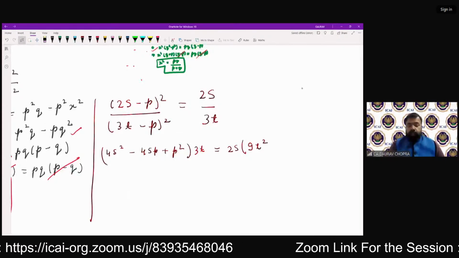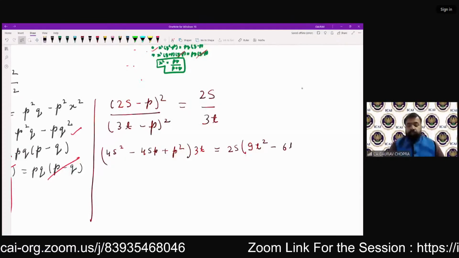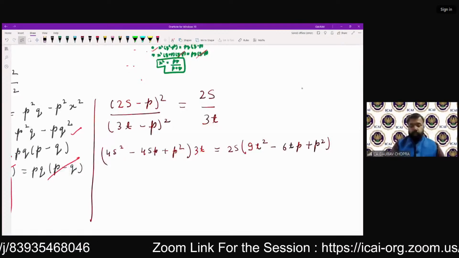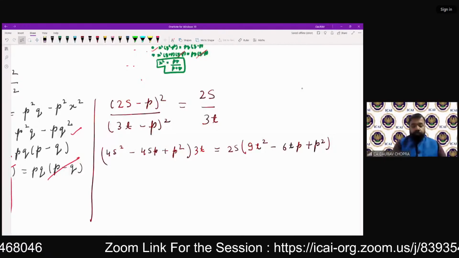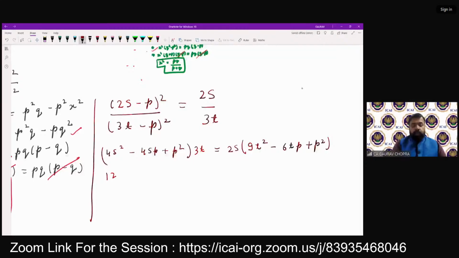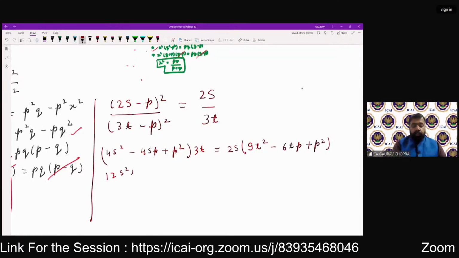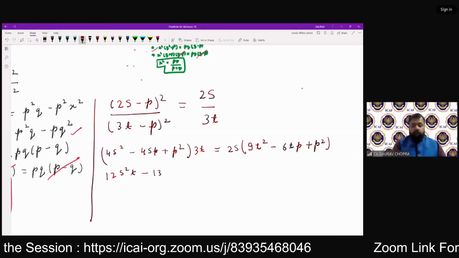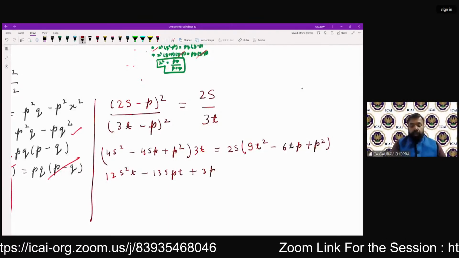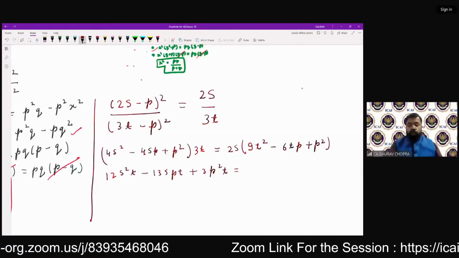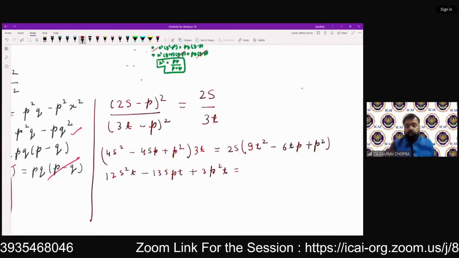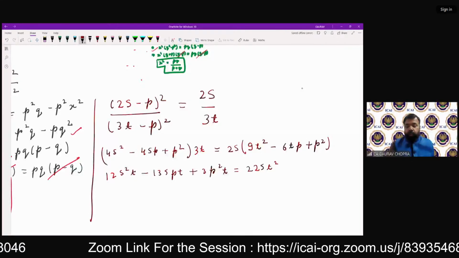So 9t square minus 6tp and plus p square. Okay, so let's do some multiplication. 4s square multiplied by 3t, it will be 12s square t minus 12spt plus 3p square t is equal to, on the other hand, we get 2s multiplied by 9t square.